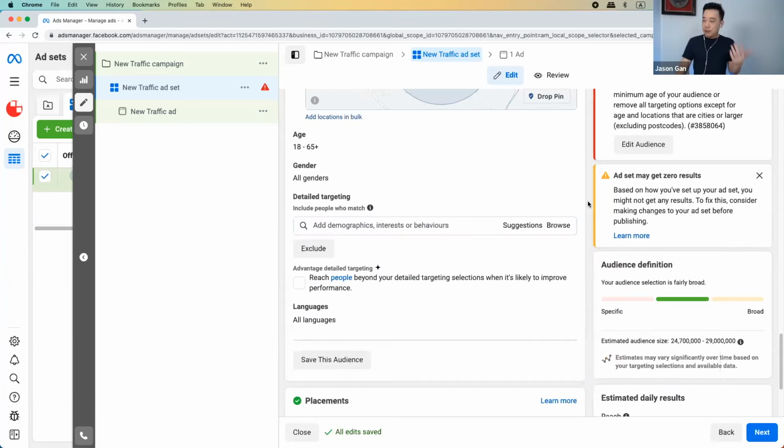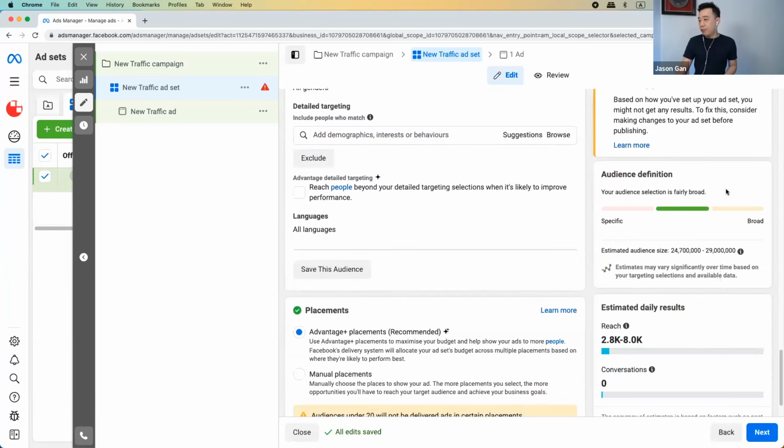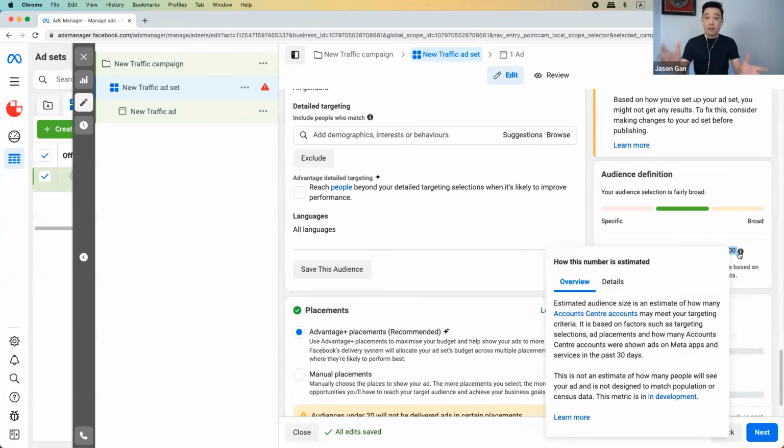And of course, when it comes to audience targeting, it's very important to also look at the estimated audience size. The rule of thumb here is that you have to understand how big your population is. For example, in Malaysia we have about 30 million Facebook users. You can't possibly target everyone, right? So when you zoom in, it also depends on your budget.